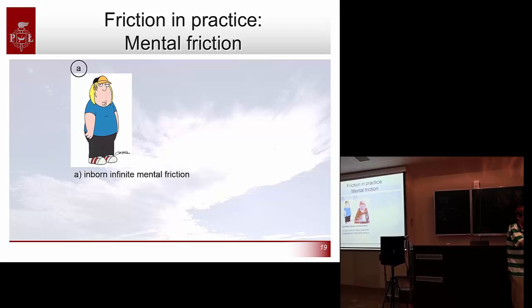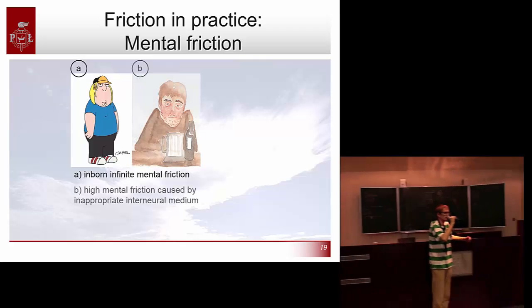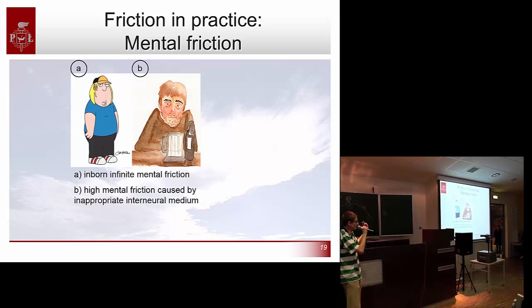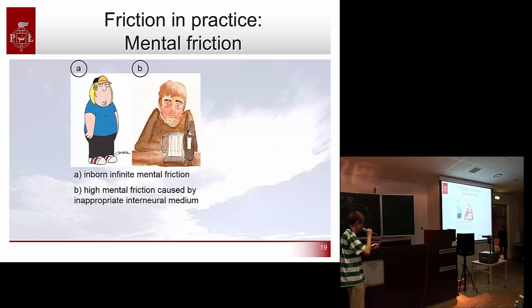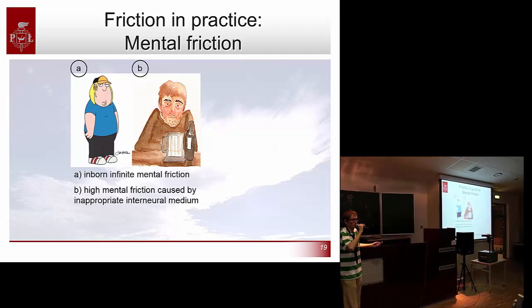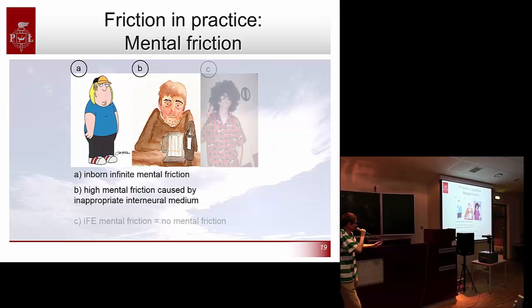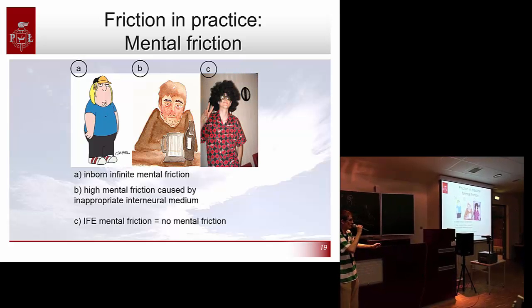Another problem is a specific type of fluid in the synaptic cleft which increases mental friction. When you go to IFE, most of you are from IFE, mental friction is zero. No matter what the fluid inside, as you can see.